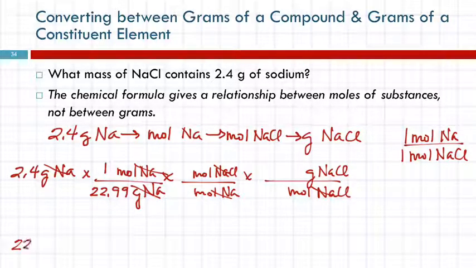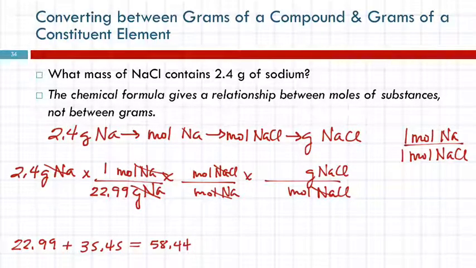There's 1 sodium, 22.99, and 1 chlorine, 35.45. And some days I remember that, and other days I don't. Yeah, 58.44. So that means 58.44 grams of sodium chloride is the mass of 1 mole of sodium chloride.